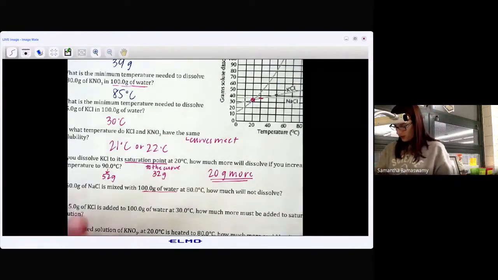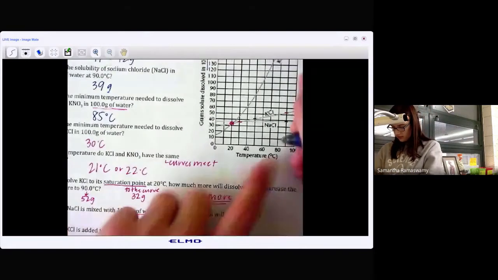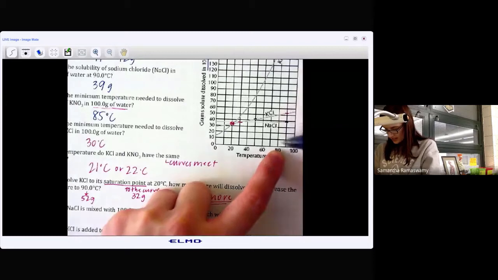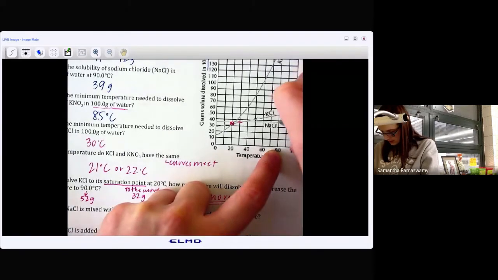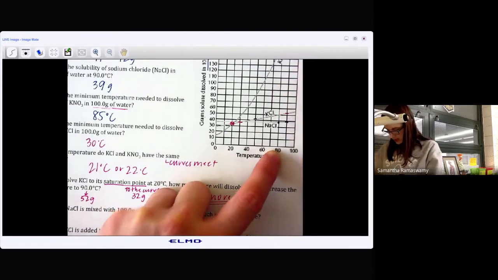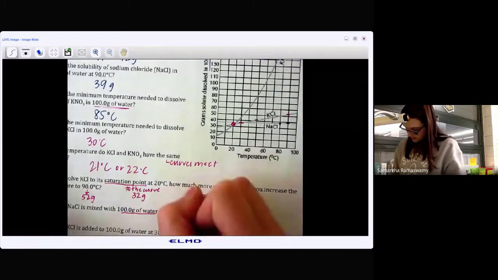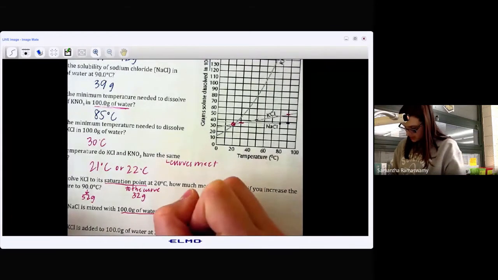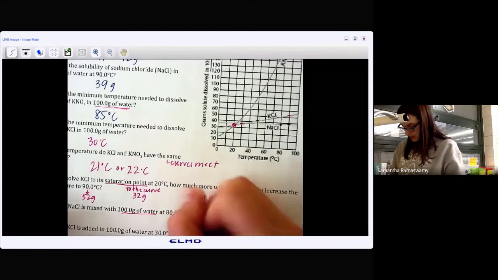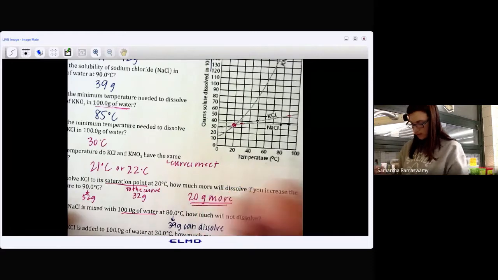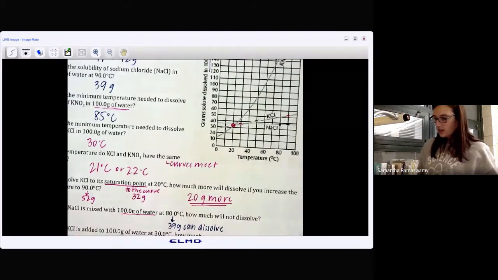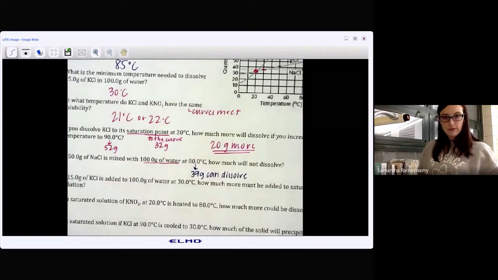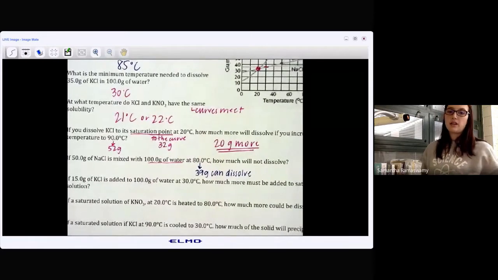So let me look at 80 degrees Celsius, and I'm going to go to NaCl. At 80 degrees Celsius, based on the curve, I would say 39 grams of NaCl can dissolve.